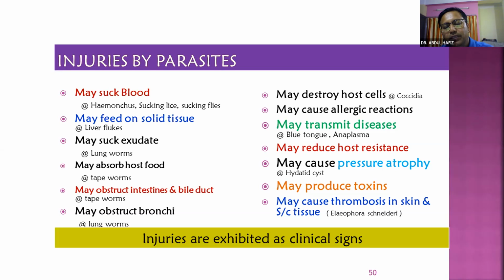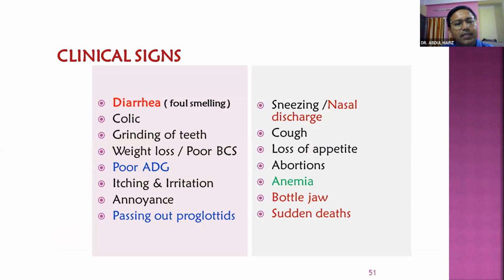Some of these diseases are also transmitted through parasites, and many parasites produce toxins also. Clinical symptoms: diarrhea, foul smelling, colic, grinding of the teeth, weight loss, poor feed consumption, low body condition score, and poor average daily gain.